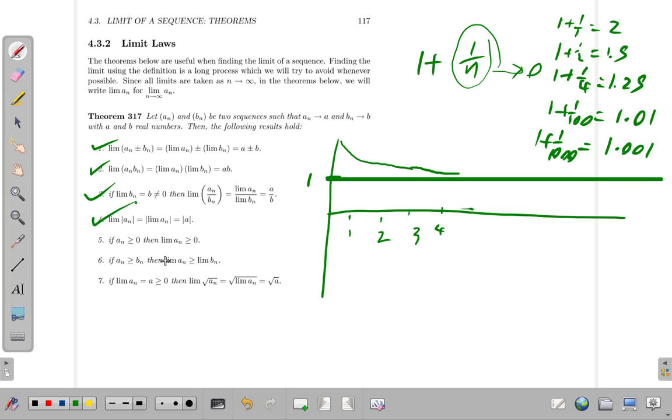So the only way it can become negative is if it crosses 1 and crosses the x-axis and goes into the negative region of the graph. So this applies at all times. If the function is a positive function, the limit will not become negative. Alright? So that's the 5th result. We'll look at the 6th result in another video.